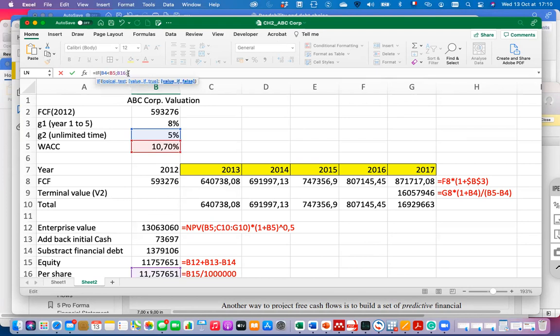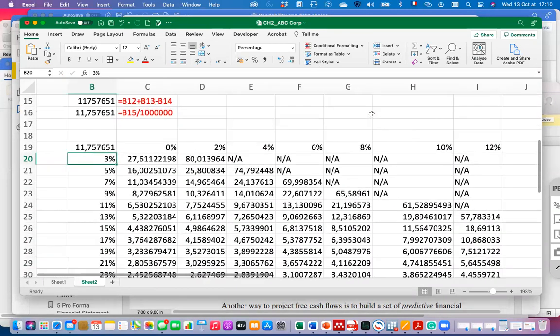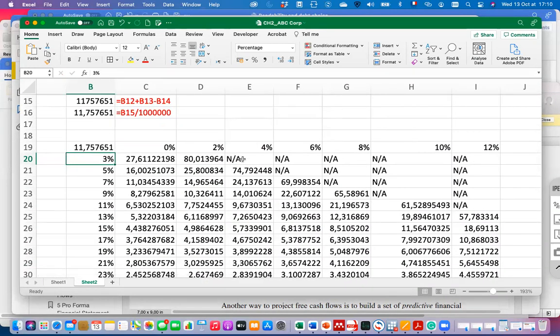And if not, display, for example, here, we open the quotes because we'll put a textual value and call it NA, which means not available, and close the quotes and the parentheses. See, all the negative values have been replaced by not available, which means that we didn't respect the condition of Gordon-Shapiro.